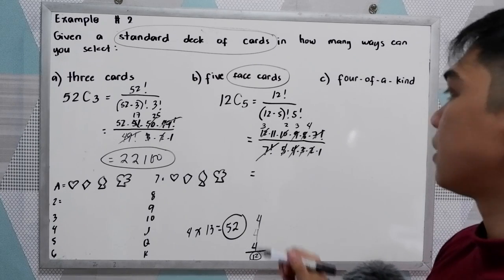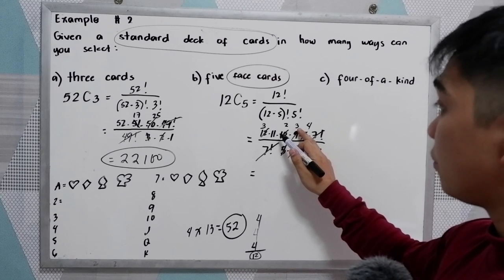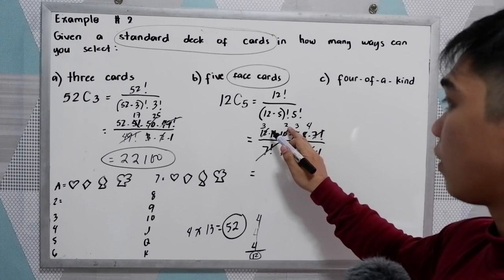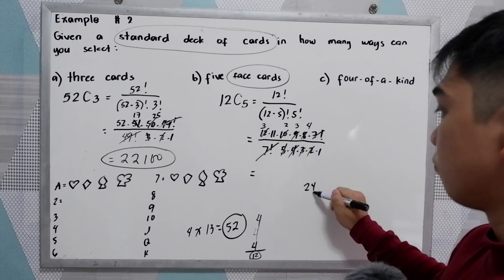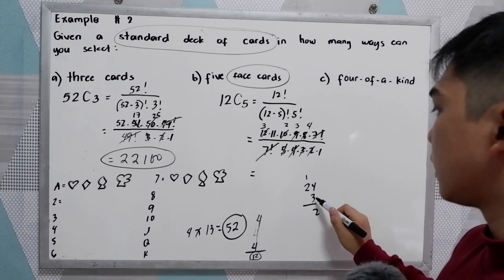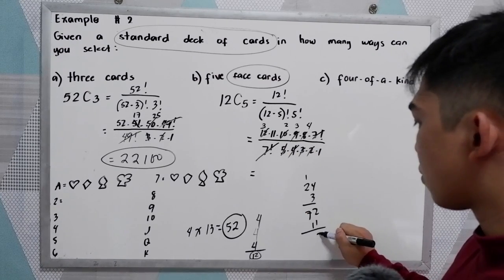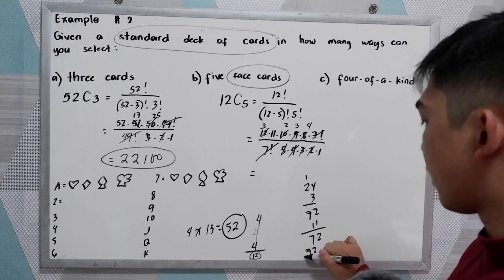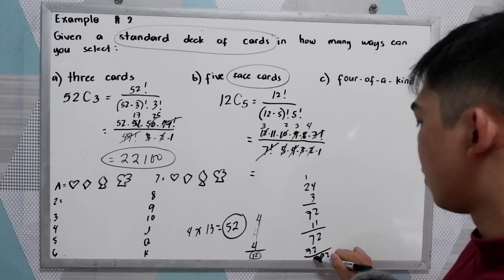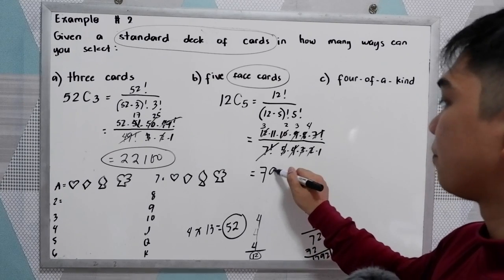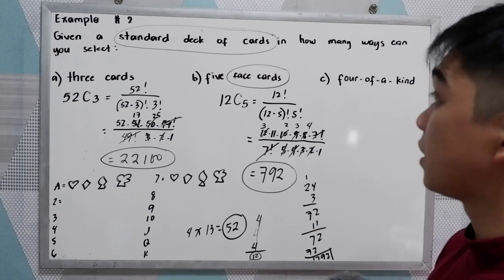For our final answer, 4 times 3, that is 12 times 2. 12 times 2 is 24. 24 times 3, that is 12, carry 1, 72. 72 times 11, so 792. So there are 792 ways to select 5 face cards.